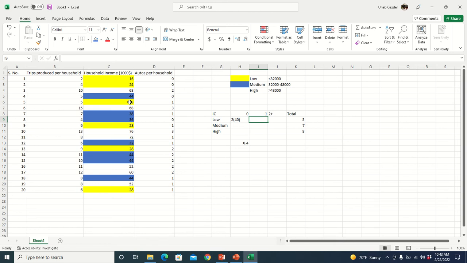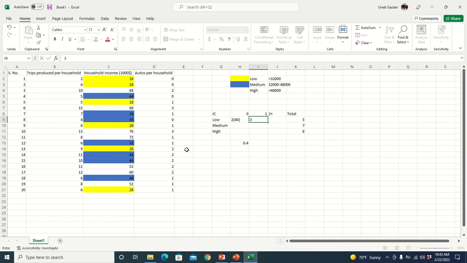This one, this one, and this one, so the total is 3.